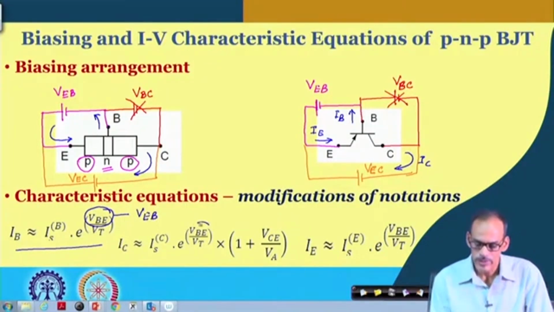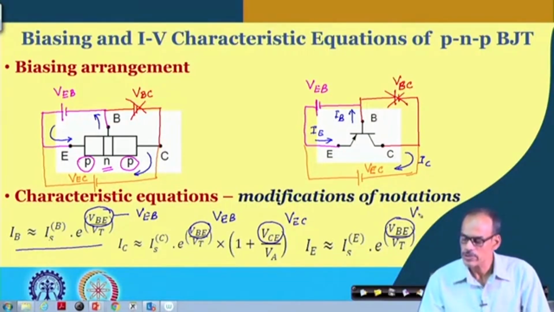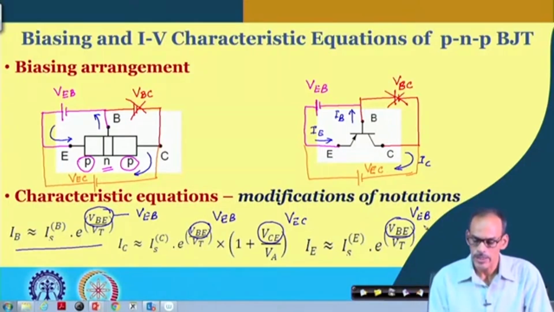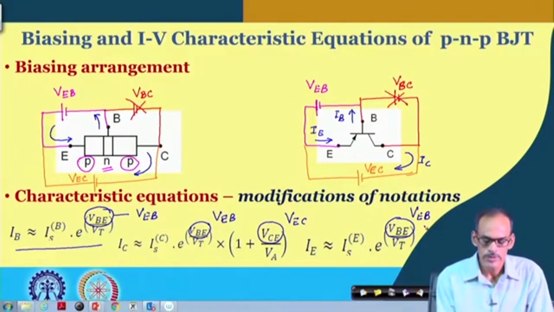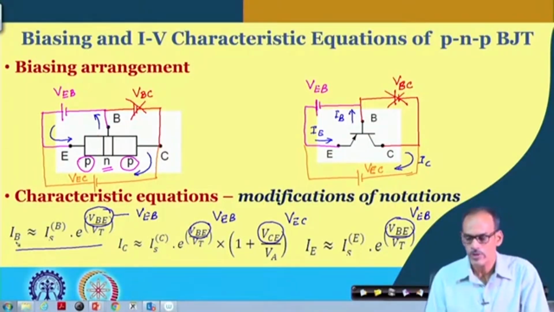So, likewise here we can replace this with VEB and this with VEC. So, likewise here also for the emitter this will be VEB. In fact, if you change the positive polarity of the currents appropriately, then the same equations we have discussed for NPN can be utilized for this circuit also.